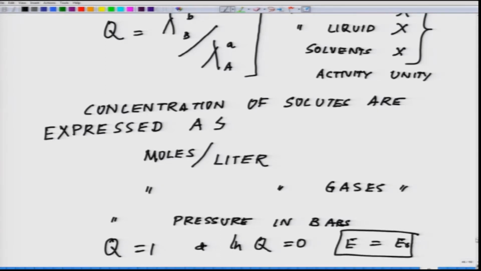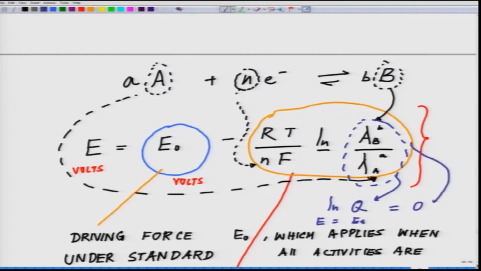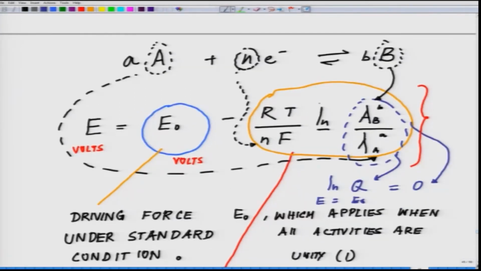So, now if you look at this equation, if this whole thing becomes unity, then the natural log of Q becomes 0, and in that situation your E is equal to E0, because this whole term will then become 0. So, keep that in mind. Now, another important conversion being done is changing this natural log into the base 10, which is much easier to work with.